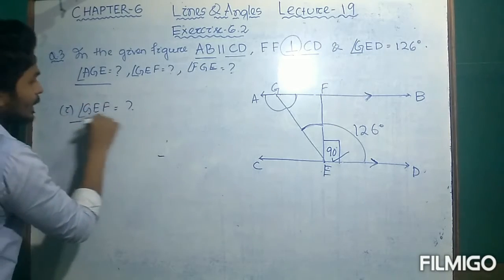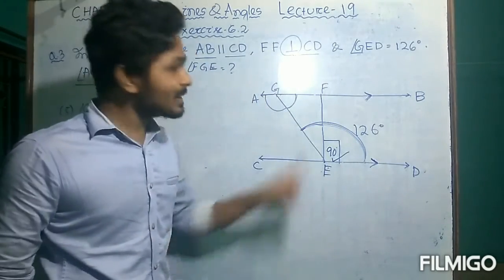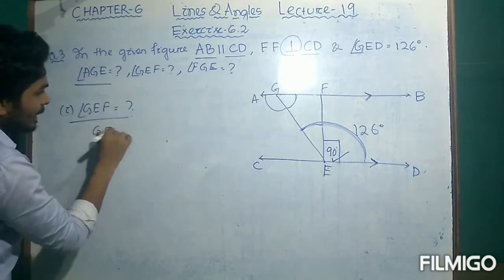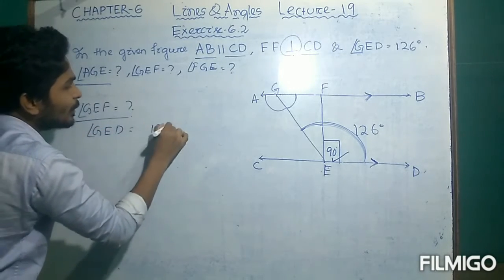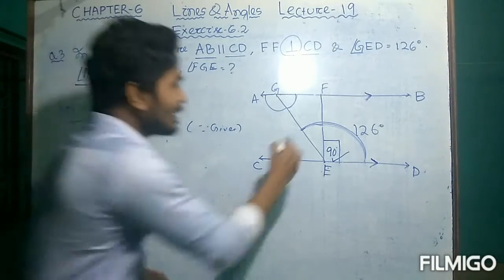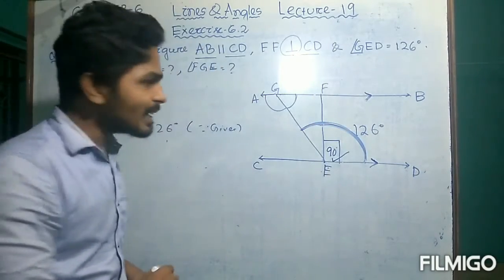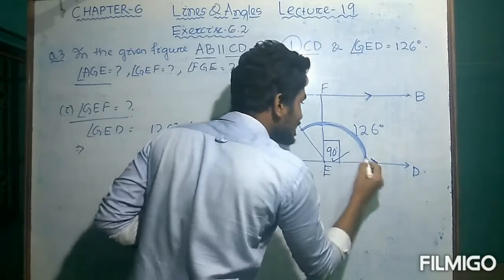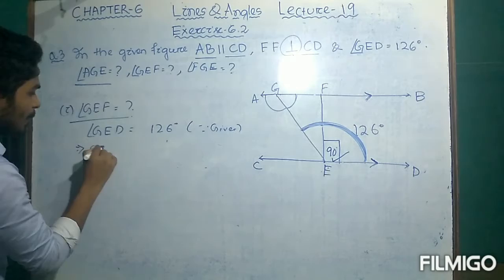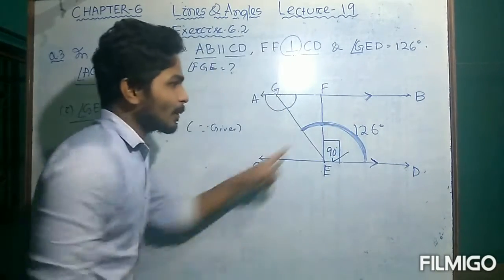We'll find it. How? As we know, the total angle is equal to 126 degrees. It is given, right? So we can write that the angle GED is equal to 126 degrees. Now, can this total angle be written as this angle plus this angle? Yes. GED can be replaced by GEF plus this angle, and what is the value of this angle?